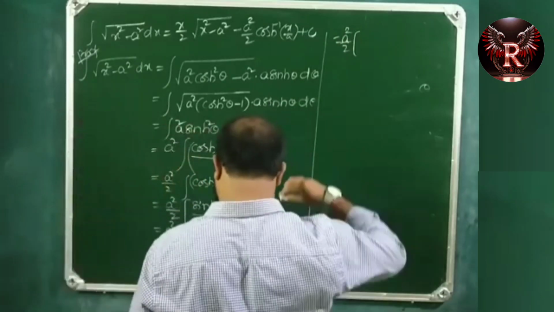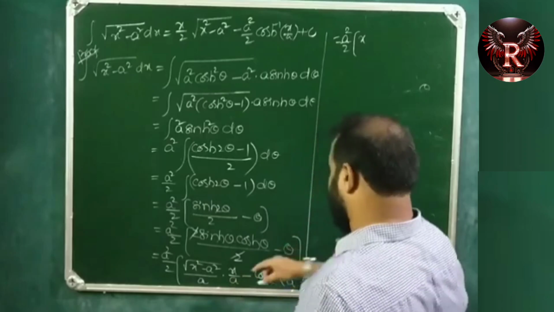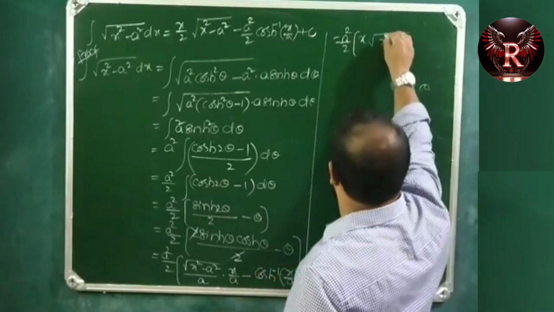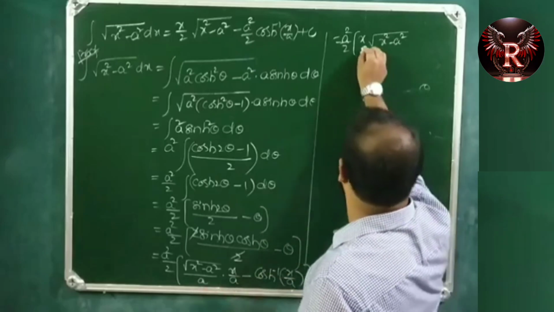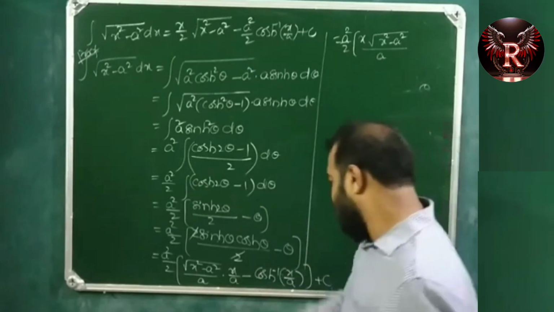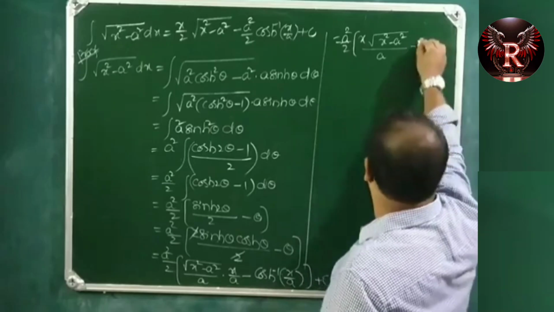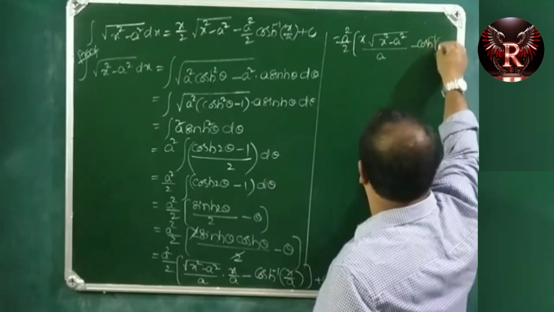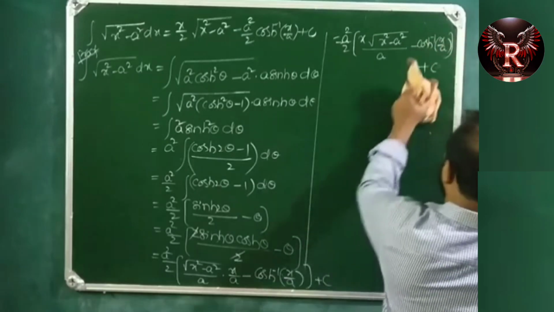Here this is x into root of x square minus a square by a into a is a square, minus cos h inverse x by a plus constant of integration c.